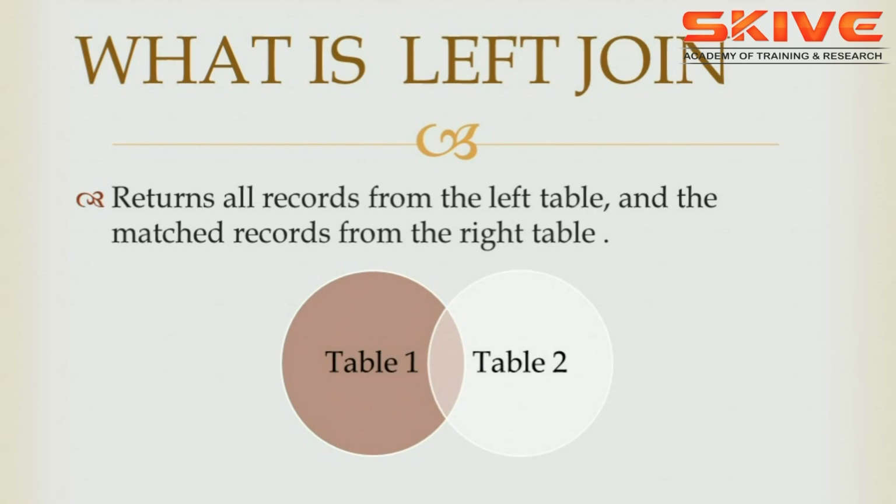Now we are going to intersect, that means all the records that match in the tables, we will show. This is the left side table. Whatever details match in table 2, we will get from table 1. So this is a left join.